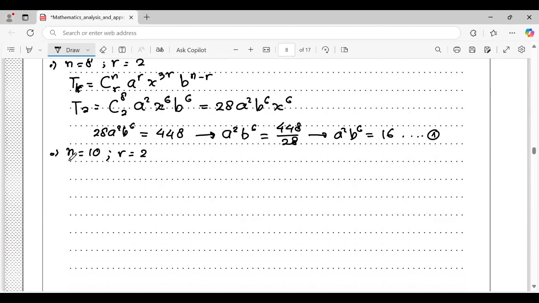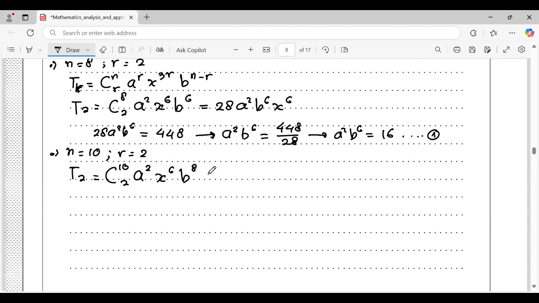If r equal 2, so T2 is combination 10, 2, a squared, x power 6, b power 8, because 10 minus 2.